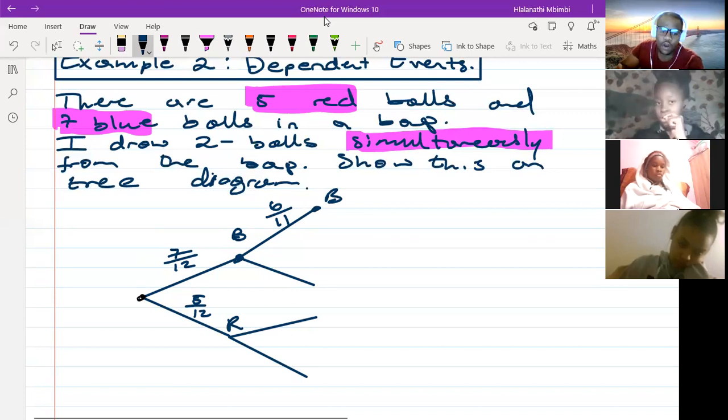If you take a red ball, your probability would still be 5/11. The ball that you removed was not red, it was blue, so the number of red balls is still 5.